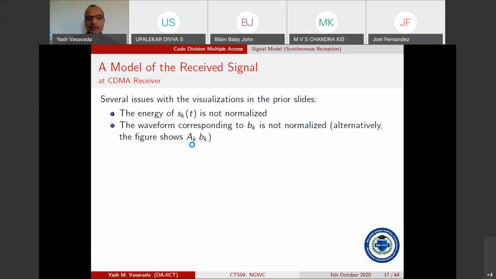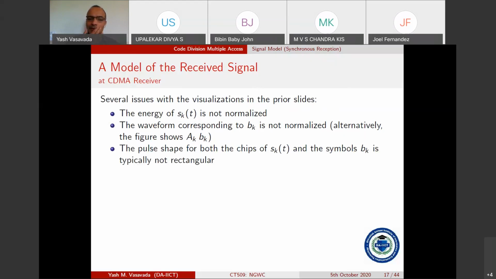Okay, the third limitation is that, for the sake of ease in drawing such diagrams and also visualizing these diagrams, we show the pulses which were rectangular.